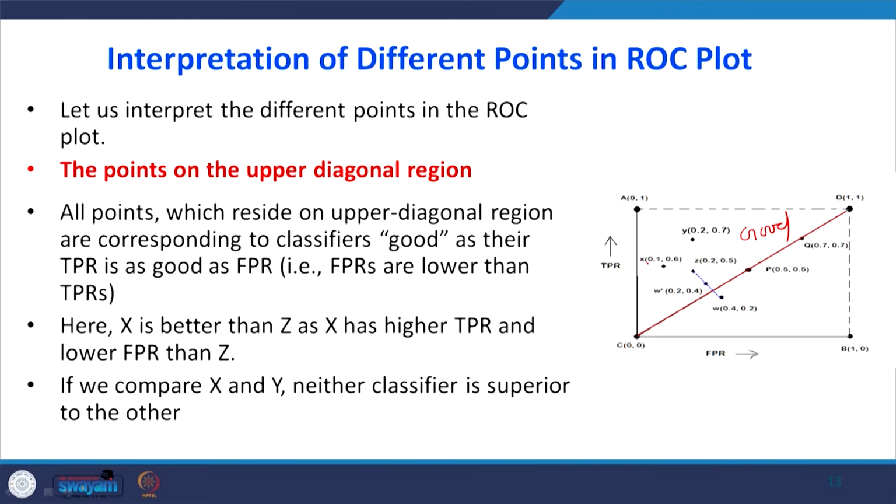See, there is one point x. When you compare x and z, x is better than z because x has higher true positive rate and lower false positive rate than z. If you compare x and y, neither classifier is superior because there is a trade off between TPR and FPR. The TPR is increasing, FPR also increasing.